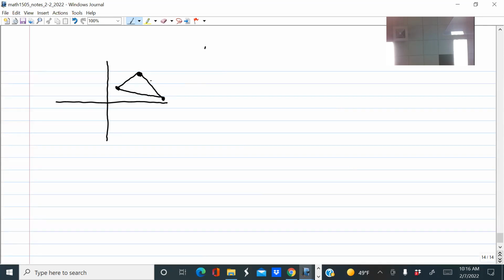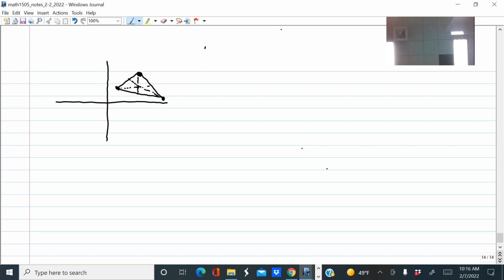And then what they're further telling us is something about the medians. Is it the lengths of the medians? So again, the medians, there are 3 of them. And if you start at one vertex and go to the midpoint of the opposite side, that is that line segment. And so you can form 3 of those, right? One this way, and then the other one starting at this vertex and going up to this midpoint.